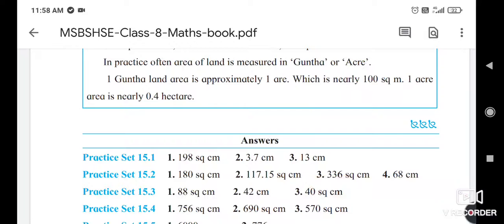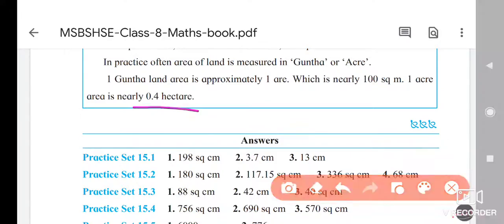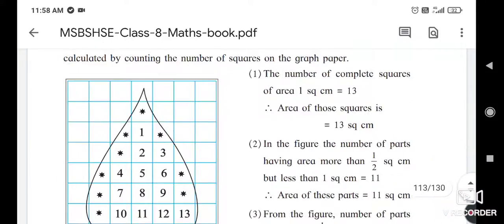And 1 acre is equal to 0.4 hectare. So these points we have to keep in our mind.